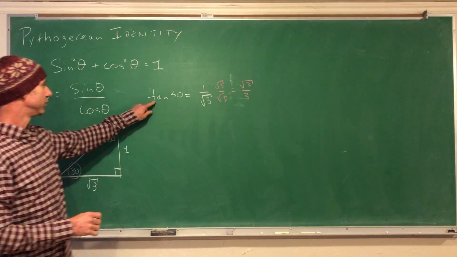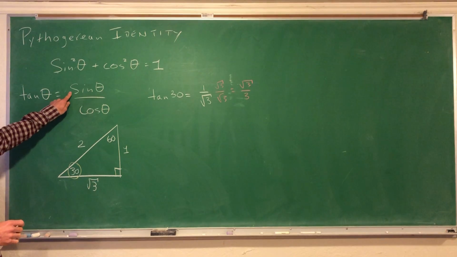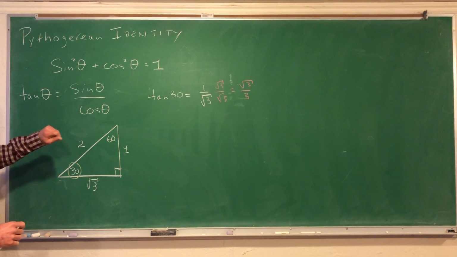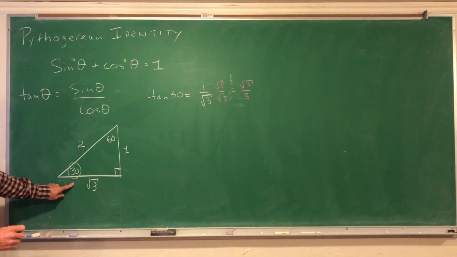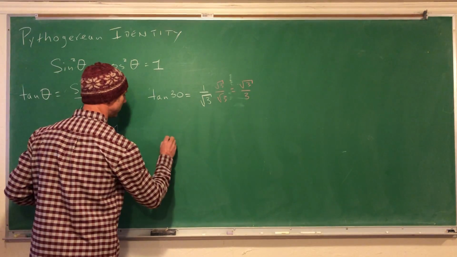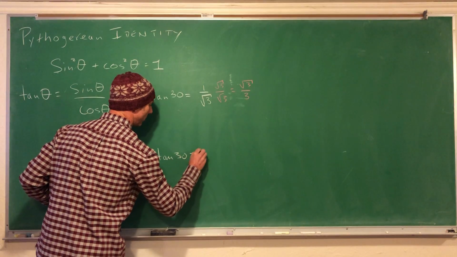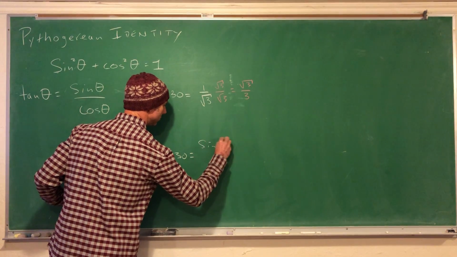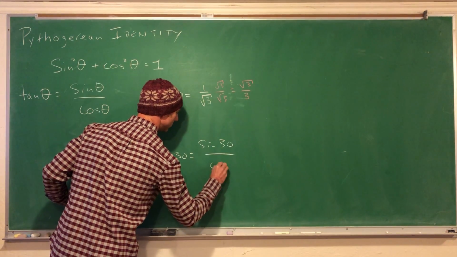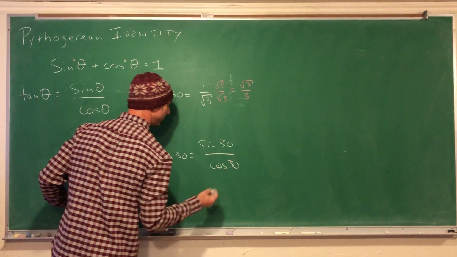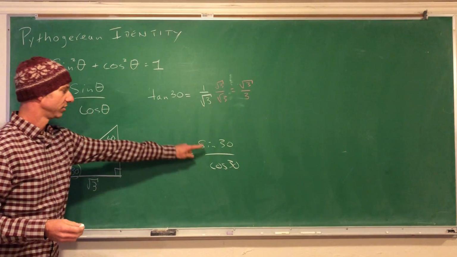However, we also know that tangent can be calculated as sine over cosine. So tangent 30 is going to be sine 30 over cosine 30.